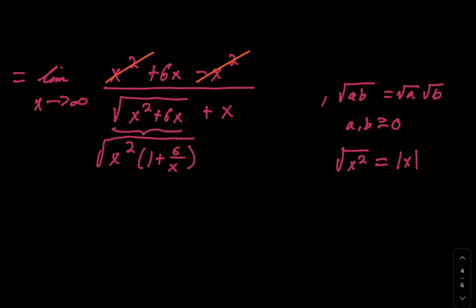Now, in this case, because our x's are positive, we're approaching positive infinity, this implies that the square root of x squared is just simply going to be x. If we were going off to negative infinity, then this would have to be a negative x, so we would have to put a negative in front, but because our x's are approaching positive infinity, the square root of x squared is going to equal x. So we're going to use these two facts to help us solve this limit.